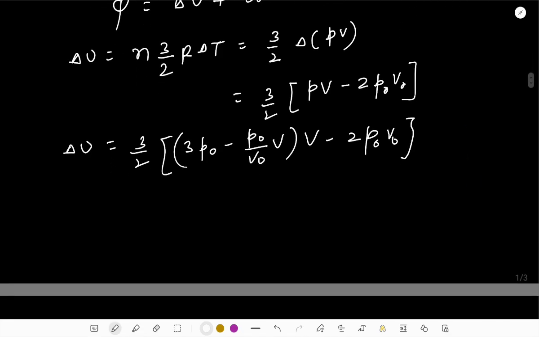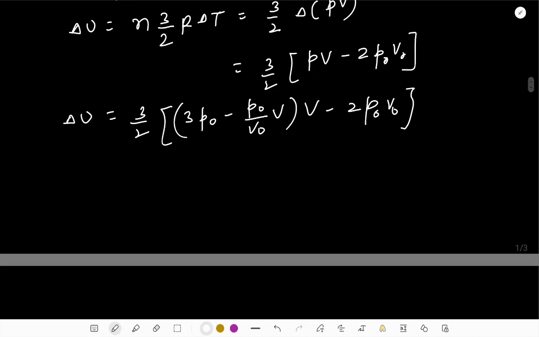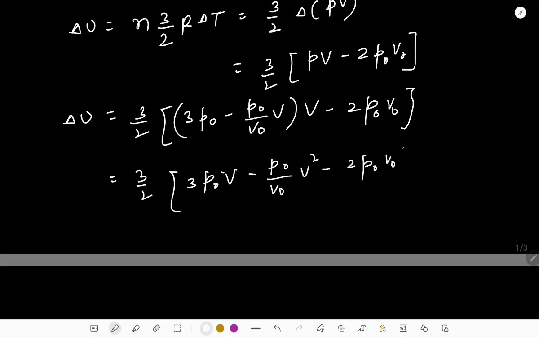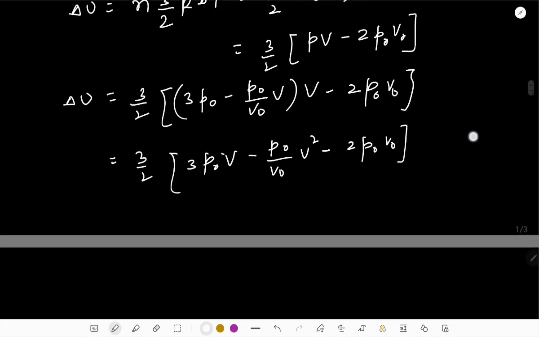So in the next step I can write here 3 by 2, 3 P naught V. I have to be careful. P naught V minus 3 by 2 is taken off, minus P naught upon V naught V square minus 2 P naught V naught. Yeah, that's fine.